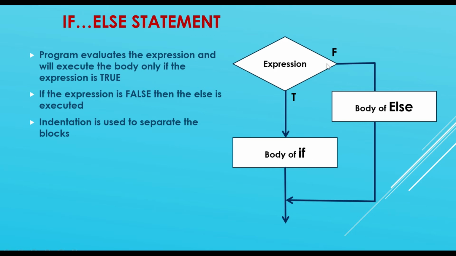If the cab is not available, what can I do? I'll stay at home and watch TV, and then come out. So that is a very rough example of an if and else statement. Short and sweet. Let's move to the next one.